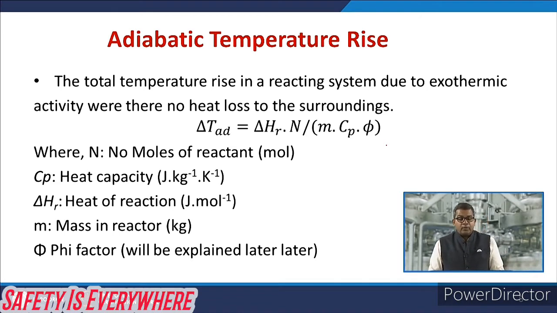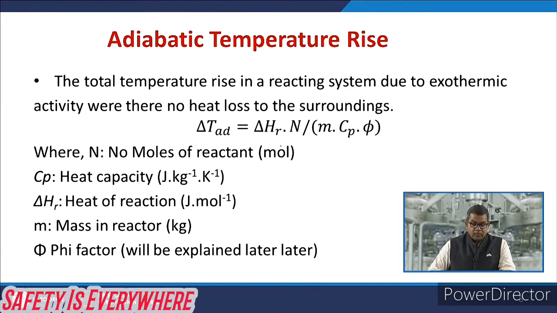Now let us have a look at the adiabatic temperature rise. This is the total temperature rise in the reacting system due to exothermic activities, were there no heat loss to the surroundings, and it is given by delta T adiabatic equals delta HR into N upon M Cp phi.